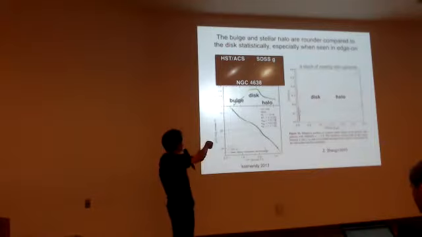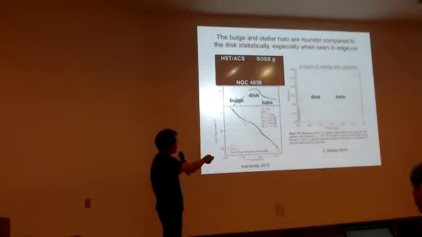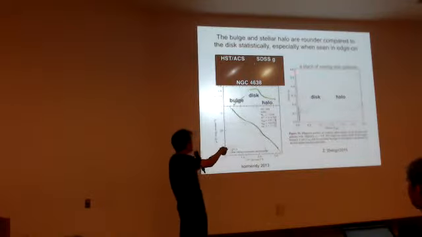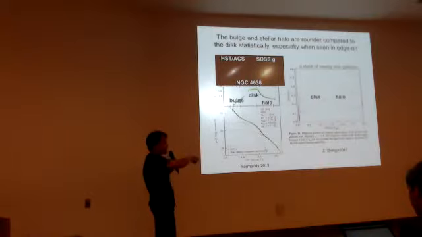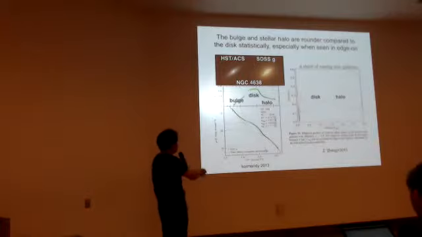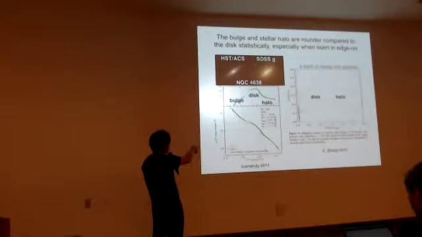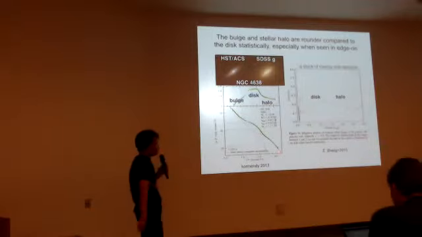Statistically, the central bulge and outer stellar halo are much rounder compared to the disk in the intermediate regions, especially when seen nearly edge-on. On the left is an example in the local universe. It can be seen that three stellar components can be resolved in its ellipticity profile and the surface brightness profile.